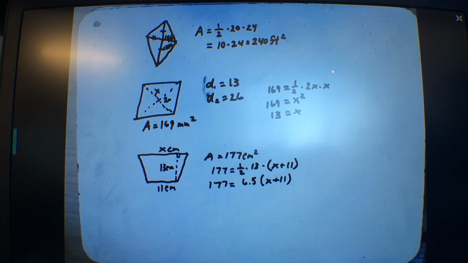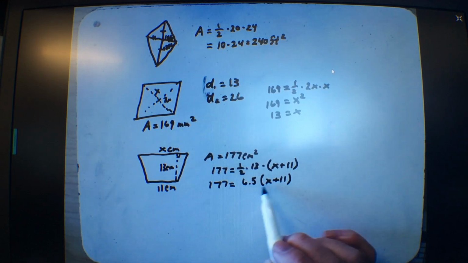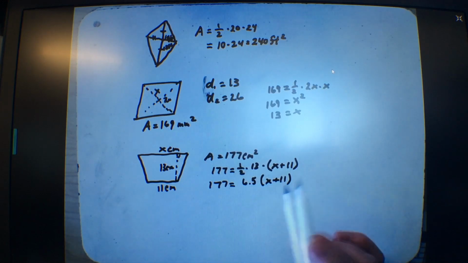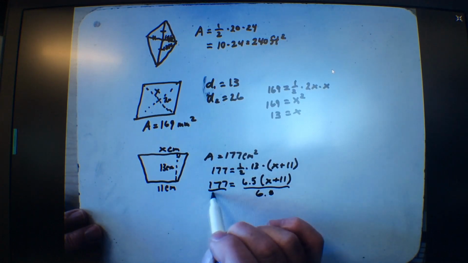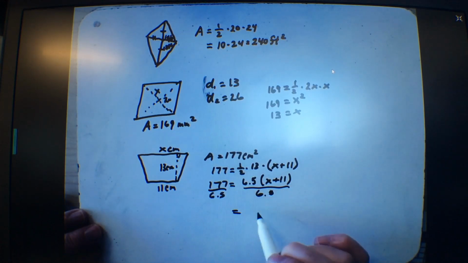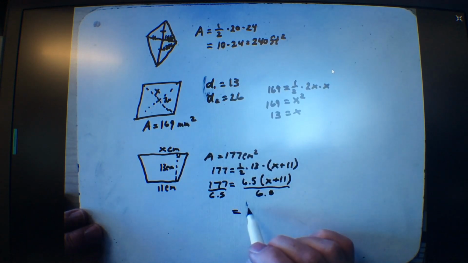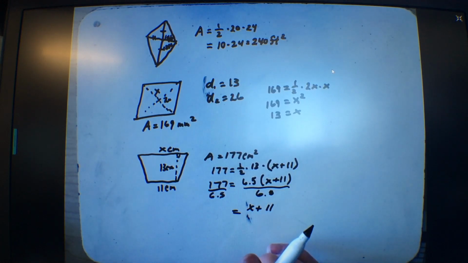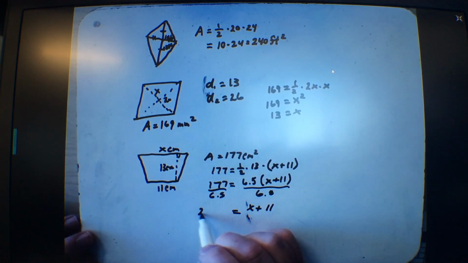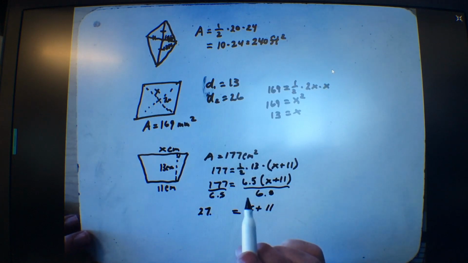What's the best way to do this? There are two ways we can do it. We can distribute the 6.5 throughout both numbers, or we can simply divide both sides by 6.5. I do not know what 177 divided by 6.5 is. Can you tell me? 27.2. Does it keep going? Yeah, it goes on forever.